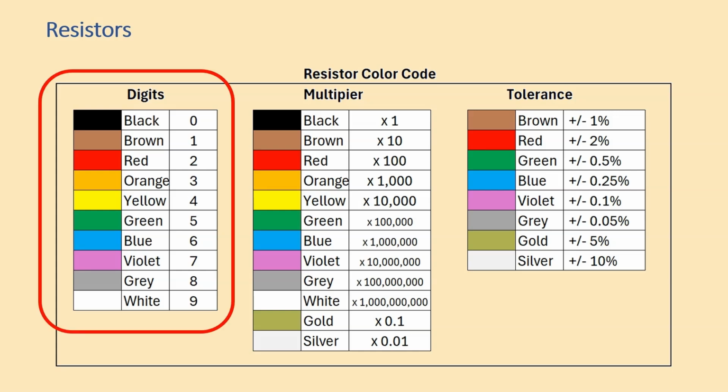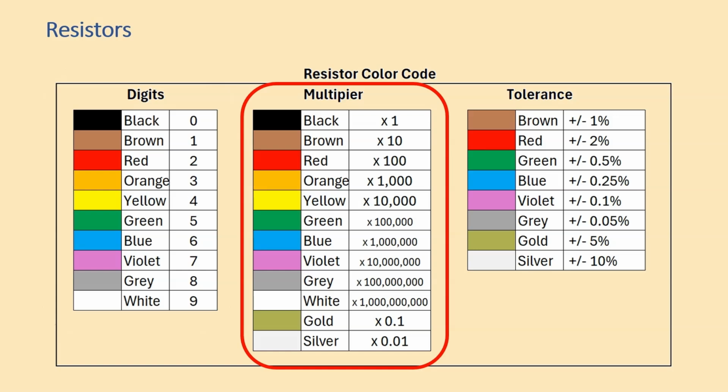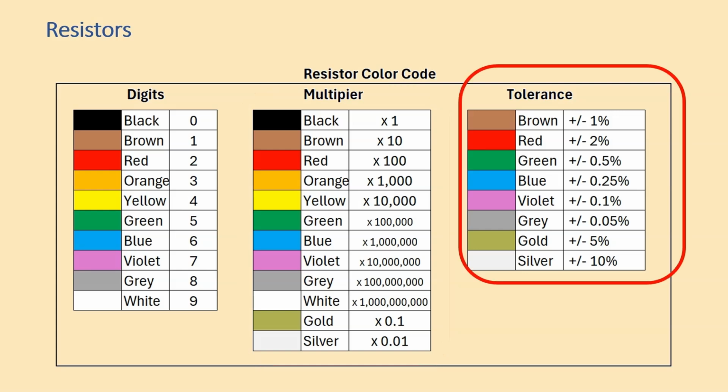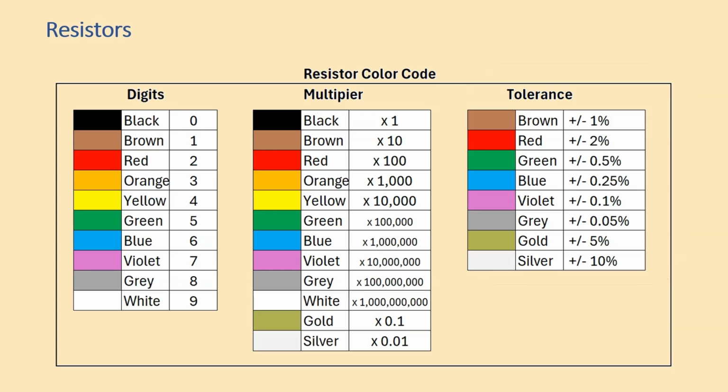So you can see we have colors that represent different digits that are used to identify the resistance, and that is used in combination with the colors here that give a multiplier to identify the resistance. Then we have colors that define the tolerance of the resistor.